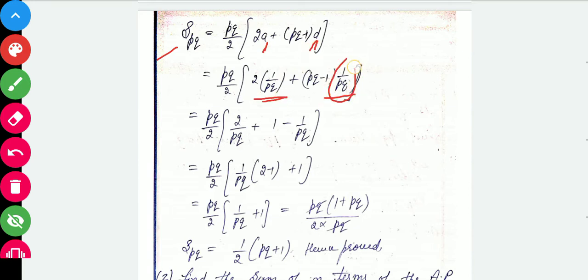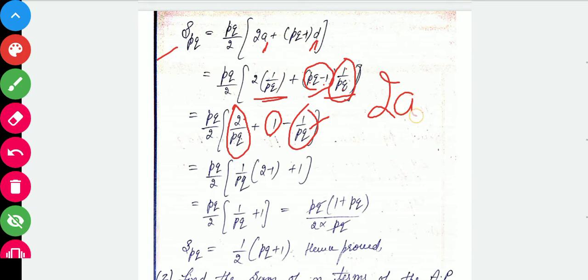Clear? Put the values of a and d in this equation, we will get this. Now multiply 1 upon pq within this bracket. So pq is cancelled with pq, we will get 1. And 1 into 1 over pq gives you the same term. So 2 times 1 over pq minus 1 over pq. I can say that 2 apples minus 1 apple gives you 1 apple. 2a minus a is equal to a. So 2 times this term minus 1 time this term, दोनों को minus करेंगे, you will get 1 over pq only.